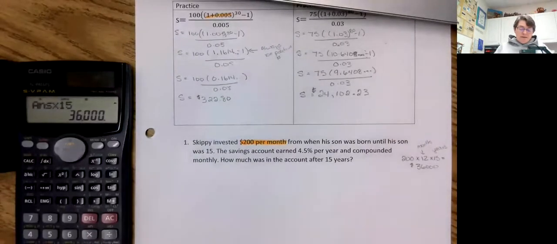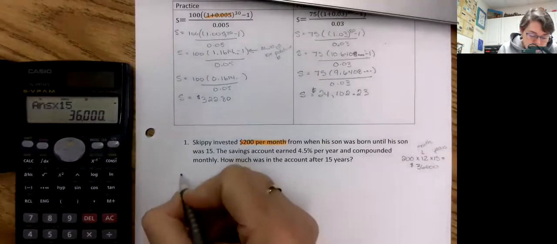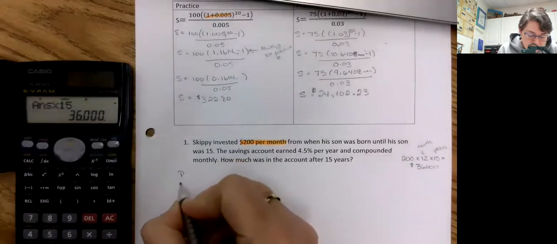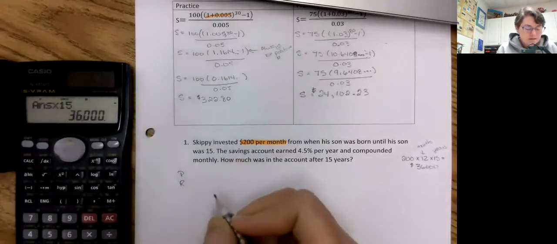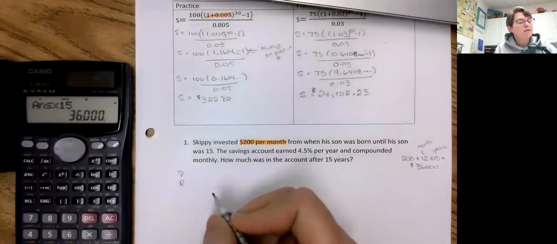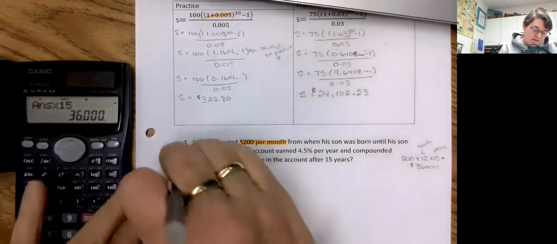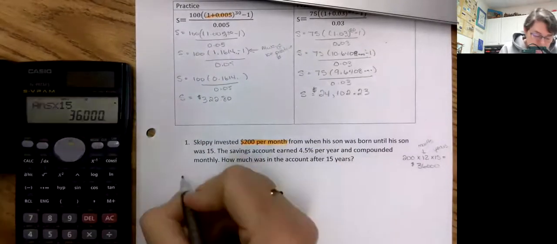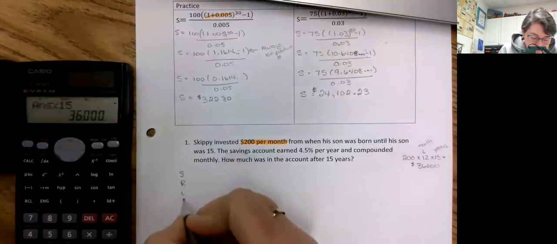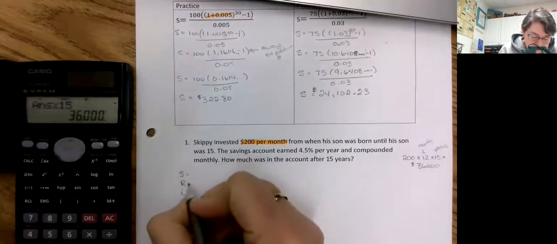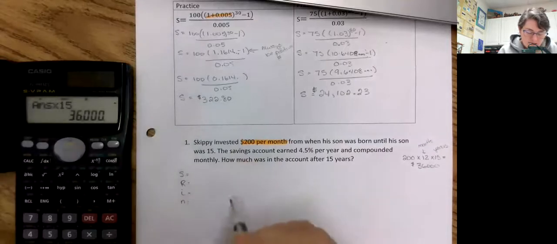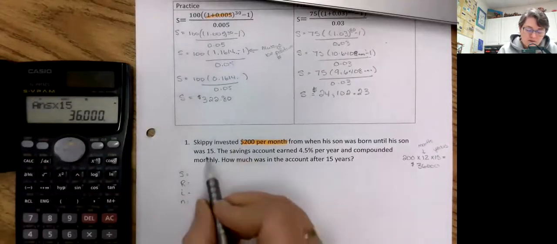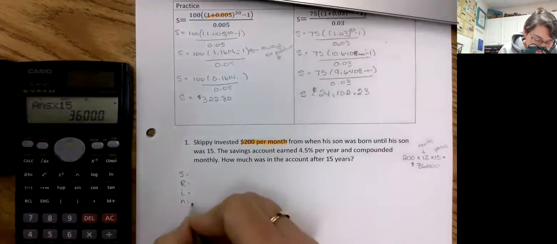Let's see what we can do here. I'm so used to writing P, so we've got an S and an R. Hold on, I want to see my formula. It's been a while. There's no P in this one. I and N. N is just like before: 15 years.